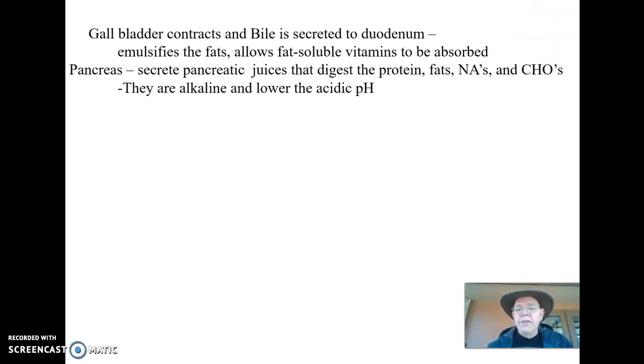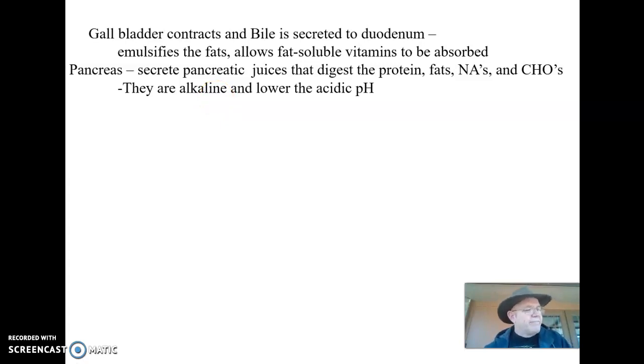It should raise the acidic pH and cause it to be more neutral, so it doesn't damage the rest of the intestines. You don't want all this acidic stuff from the stomach going through there and doing damage to the tissue. So these alkaline or basic pancreatic juices allow us to change the pH. All right, so they're important for that reason as well.